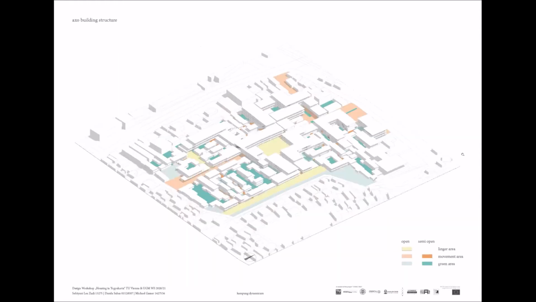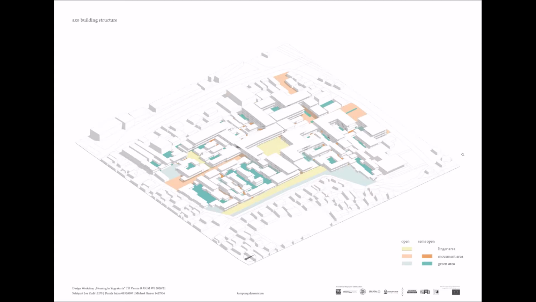So this is our building structure. You can see in the middle and towards the main street, we have our larger and higher structures. And because of respecting the surrounding area and the environment, we have been lower and smaller in the direction of the Kampungs.